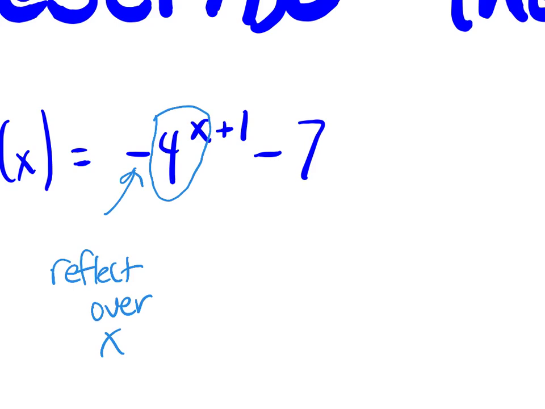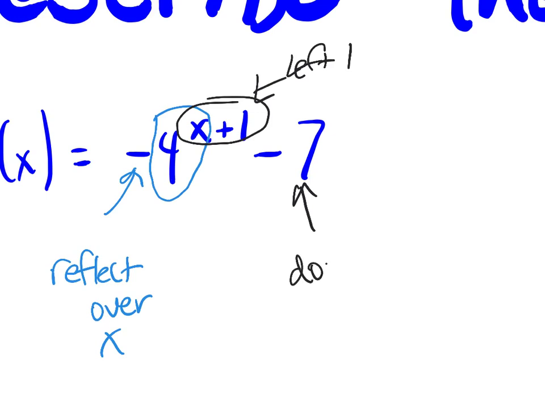Anything that is with the exponent, it's with the x up on top, that has to do with horizontal. So does that move this right one or left one? Left one. It's the opposite of what you think whenever it's up in the exponent. And then what does this minus 7 mean? Down 7. Good.